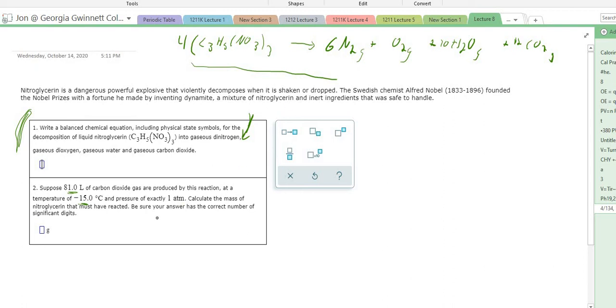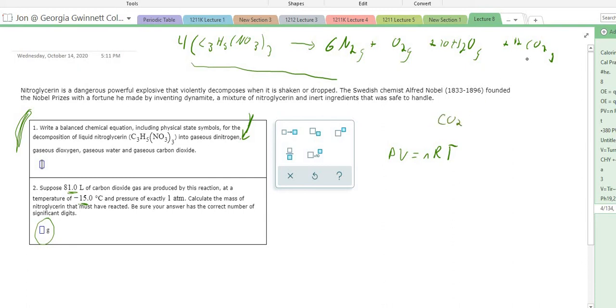Okay, so it tells us that when we do this reaction, we get 81 liters of carbon dioxide at a certain pressure and temperature. We know from the ideal gas law that PV equals nRT. Now it's asking for the mass of nitroglycerin that was consumed in grams. We don't have mass, we're actually given CO2.